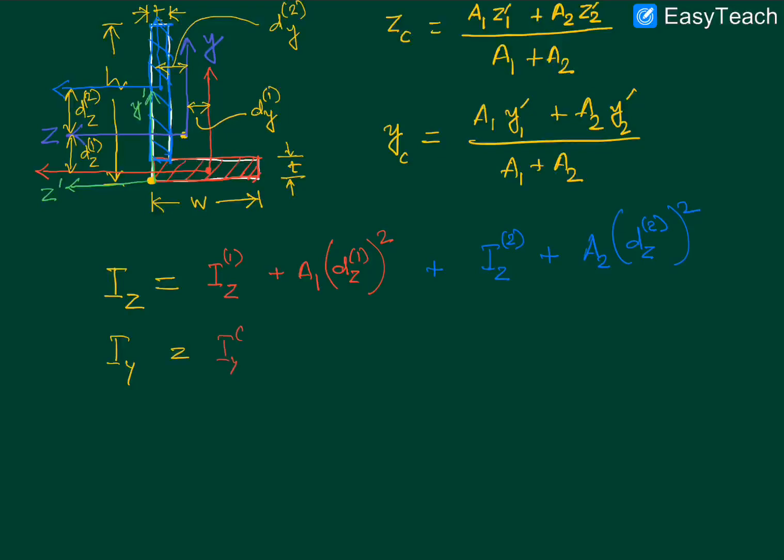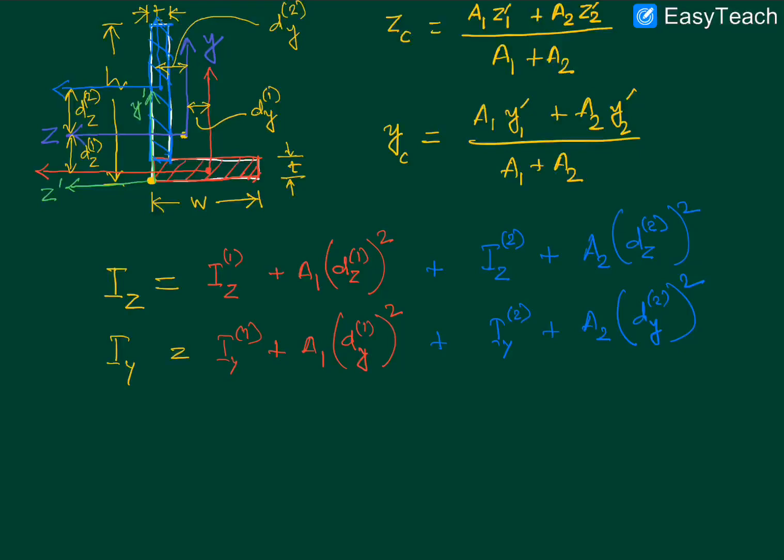First of all, we have IY1 referring to the red colored rectangle, plus the area A1 times the distance between the two y-axes, which is dy1, square of that, plus IY2 plus A2 dy2 square of that. So this is our IY.